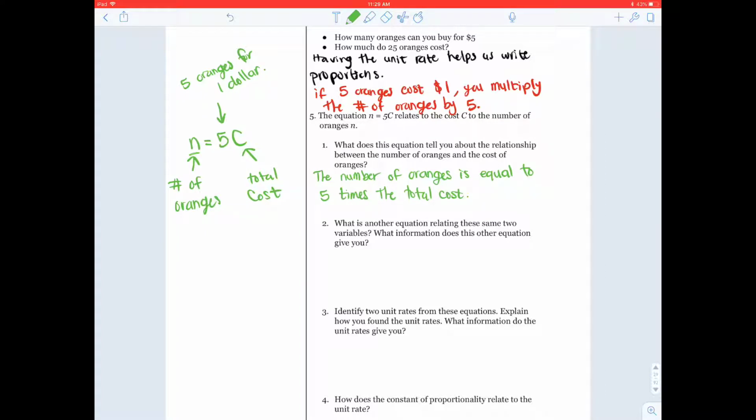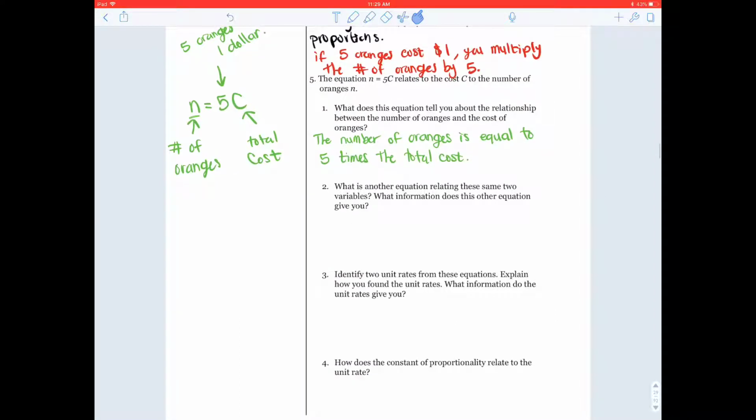It's that simple. So if I give you a total cost, you multiply it by 5, you should be able to tell me the number of oranges.